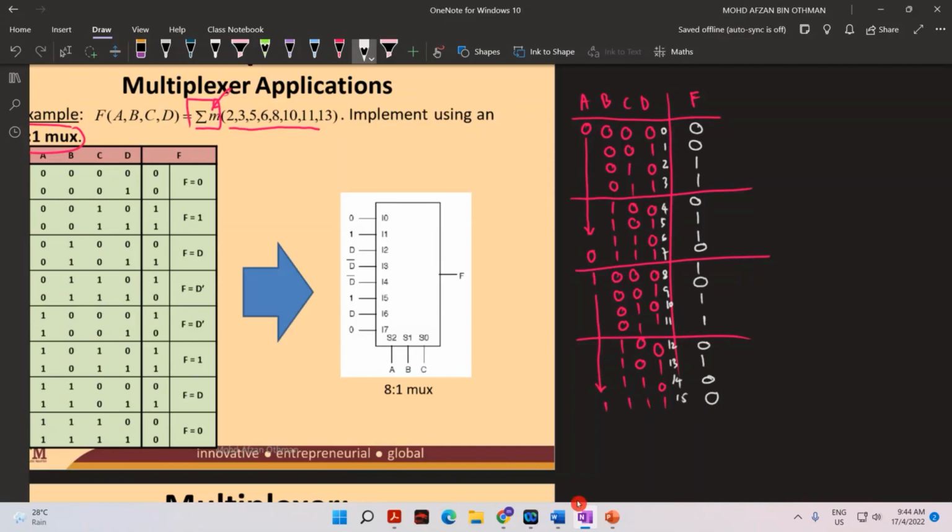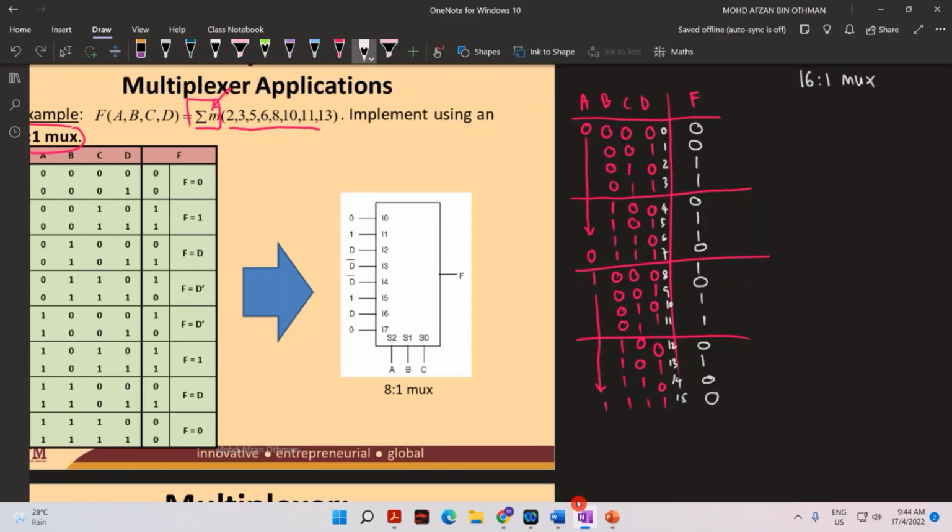Okay, kat sini dikata guna 8 to 1 mux. Before we do the 8 to 1 mux, why not we use the 16 to 1 mux dahulu? Kenapa saya kata boleh 16? Sebab kamu tengok kat sini, kamu ada 16 combination of input.